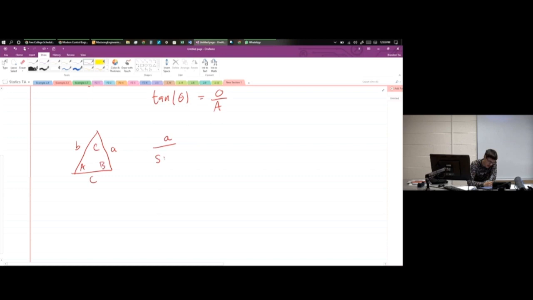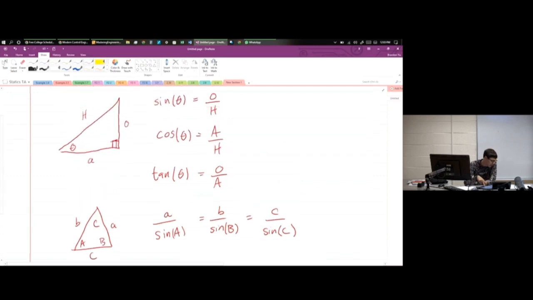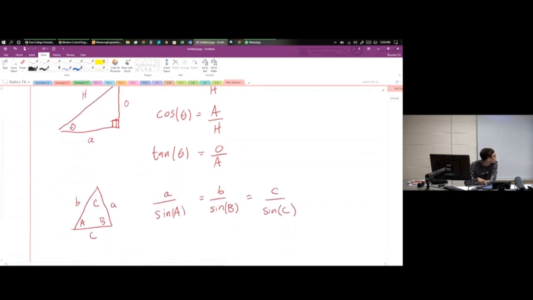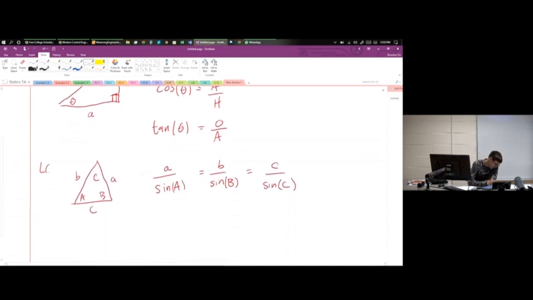So a over sine A equals b over sine B, which equals c over sine C. That's for any type of triangle. Your law of sines and law of cosines don't care whether it is a right triangle or not. You can use them anyway.